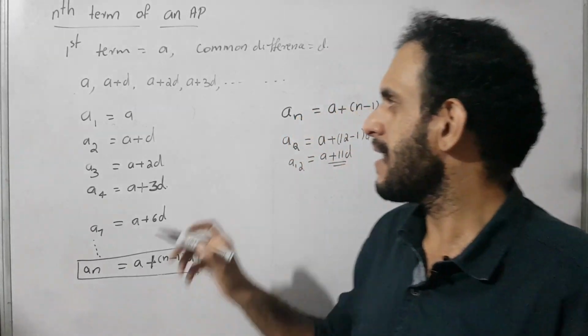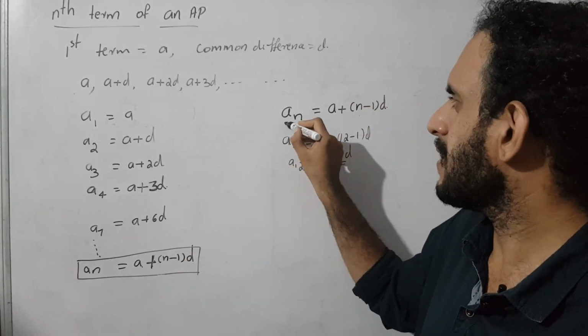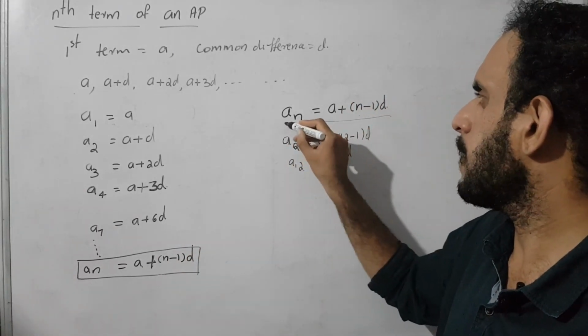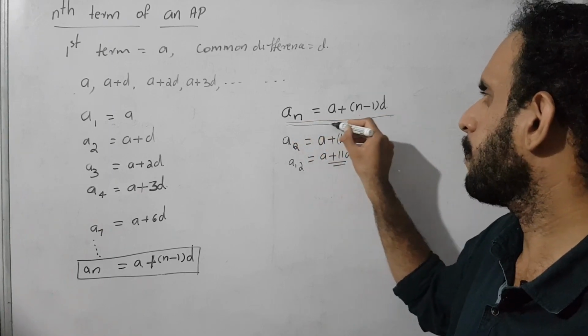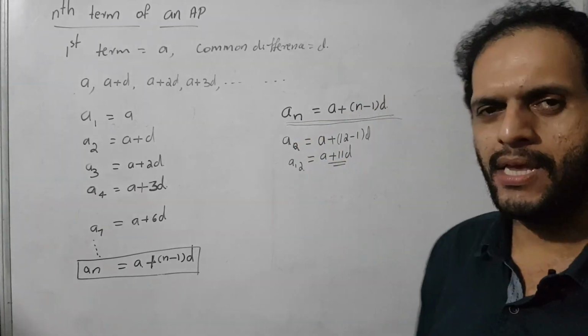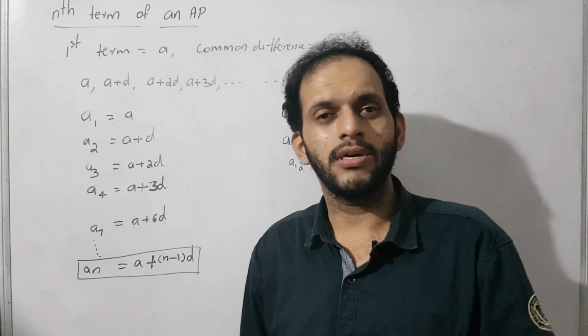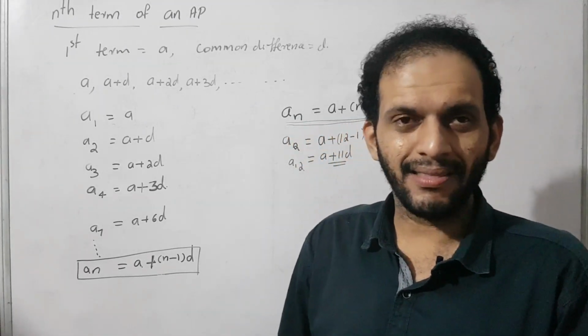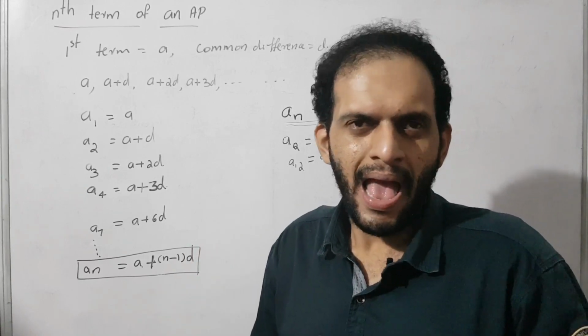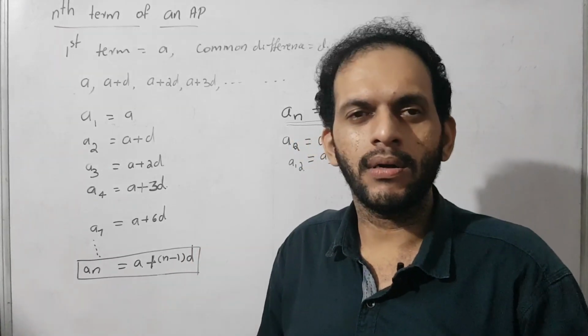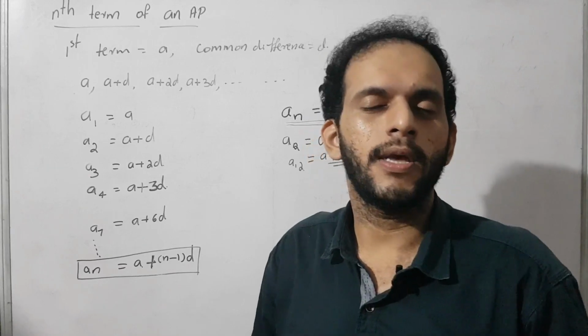Then an is called the nth term of an AP, and an is also called the last term of an AP, the nth term or the last term. And an is also called the general form of an AP.